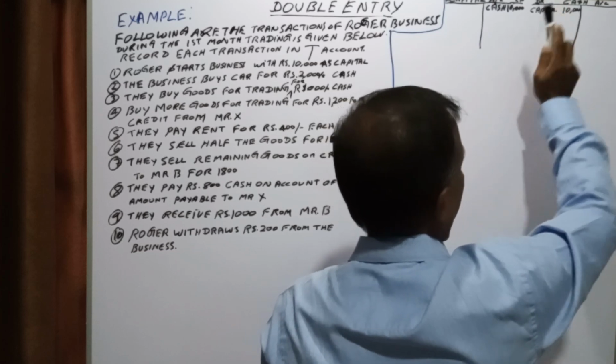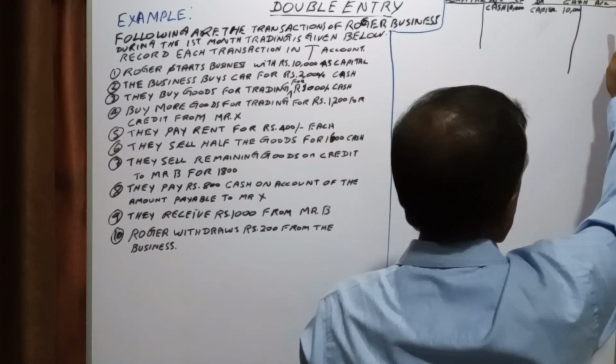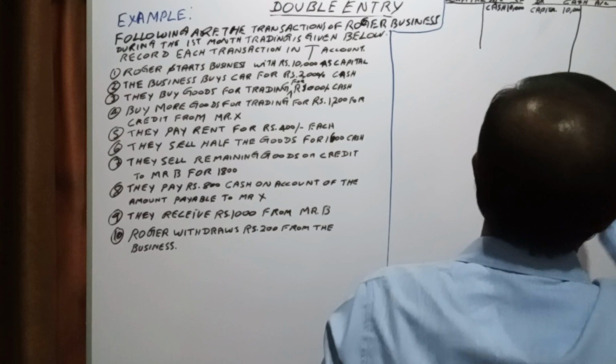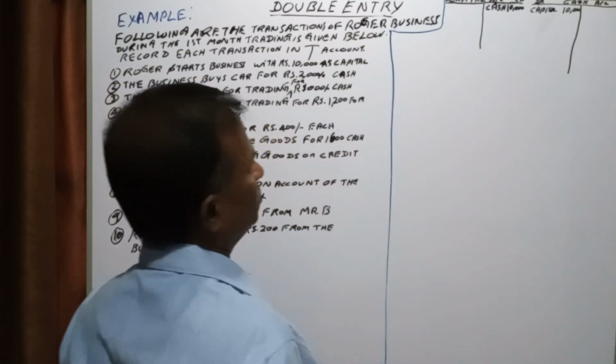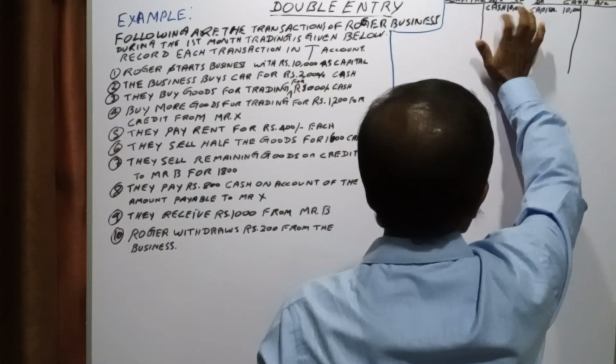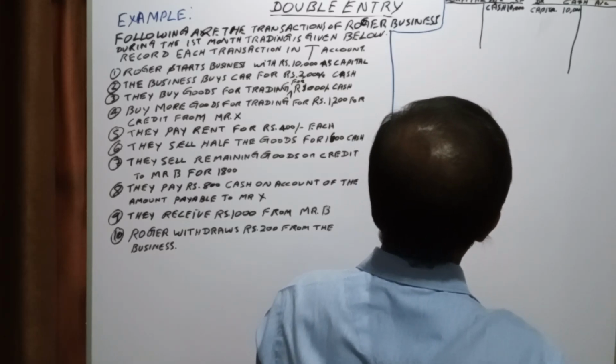Left hand side debit, right hand side credit. So the double entry is completed for number 1.